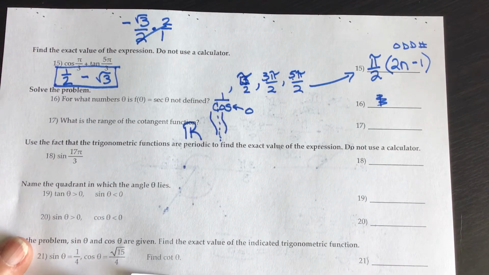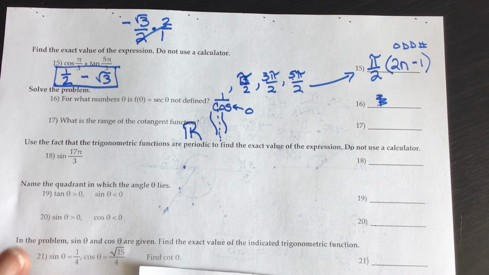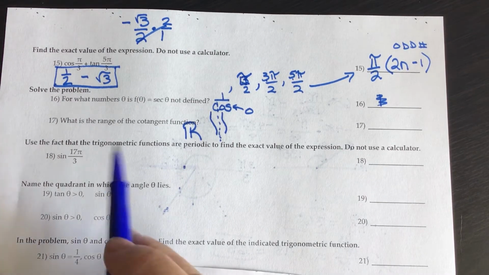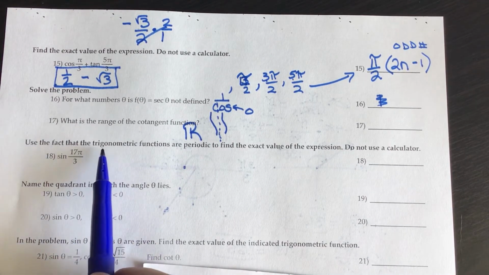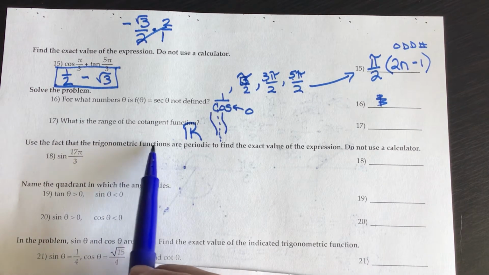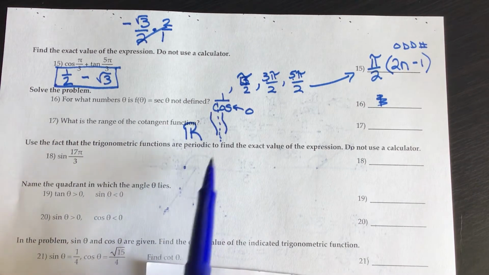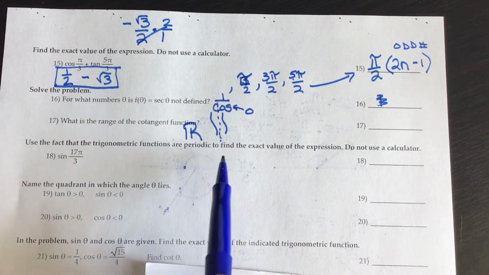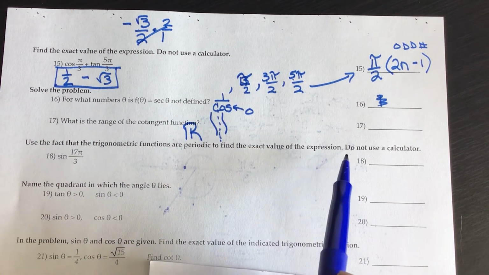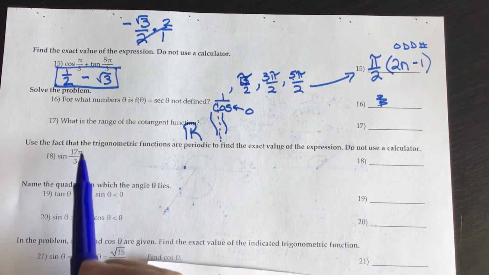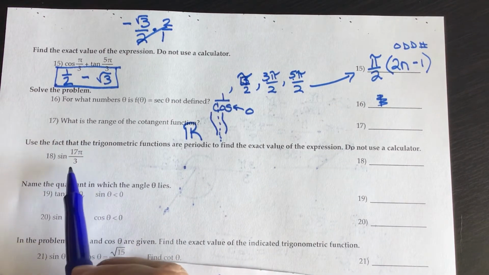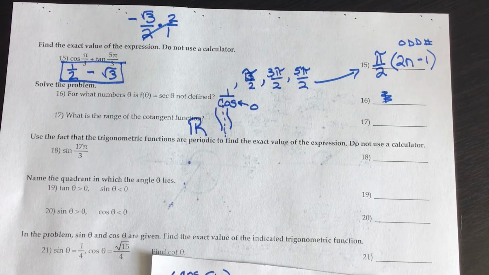Number 18, we have sine of 17 pi over 3. Now the directions say to find the trig functions. Remember they're periodic, so that means they keep going around and around in the circle, and we want to find the exact value of the expression. All right, so 17 pi over 3 means I'm going to go around the circle more than one time.